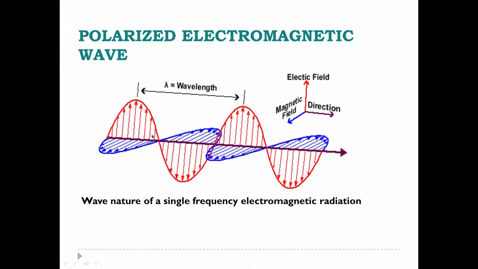If you look at the red one, it is a waveform associated with a minimum distance from here to here, and then here to here. Then it has an amplitude: the maximum amplitude is this and the minimum is 0, and then it goes to the negative side, and then again comes to the positive side like that.